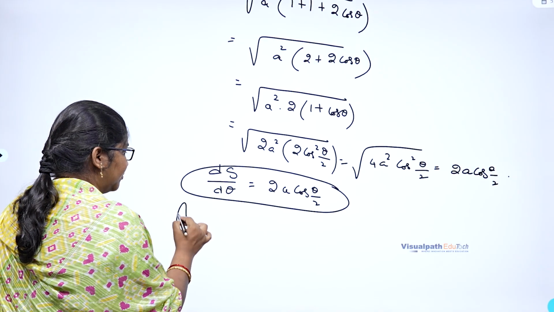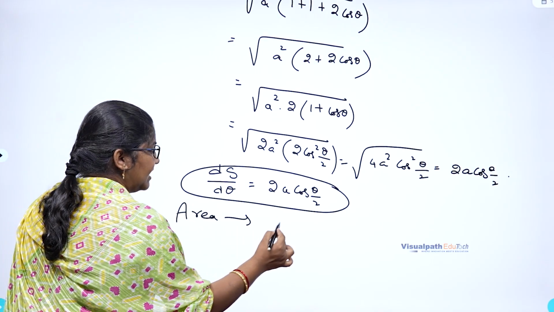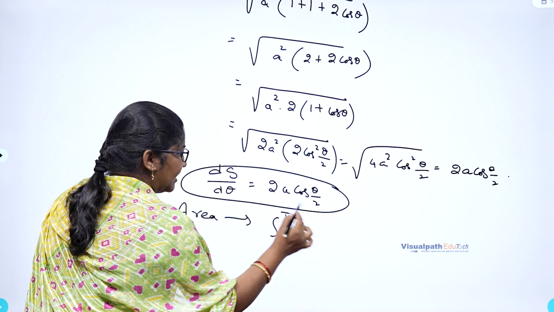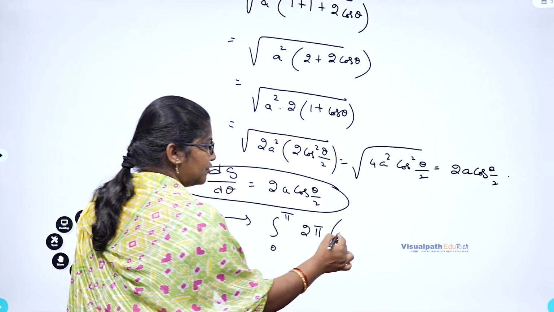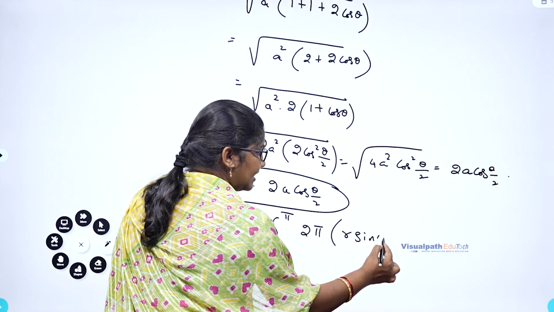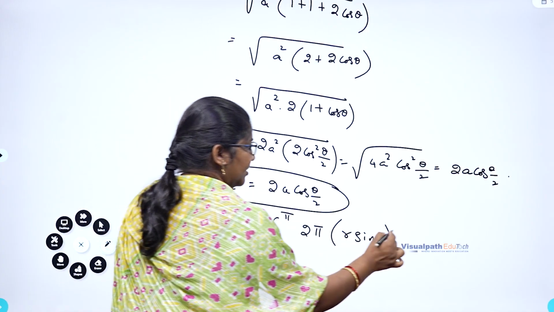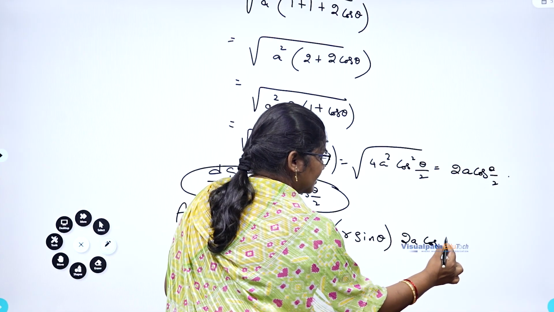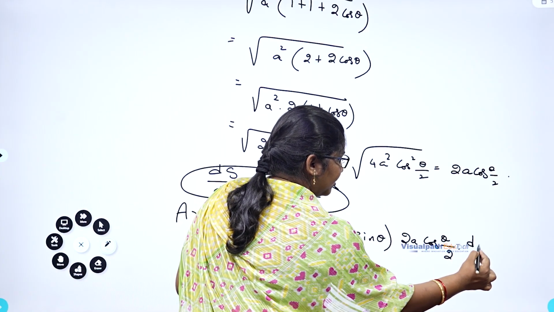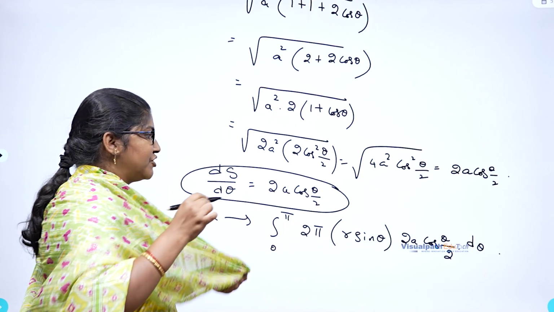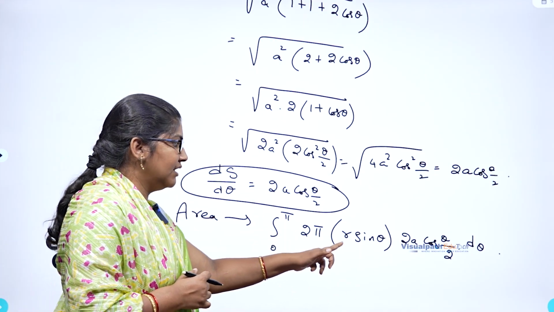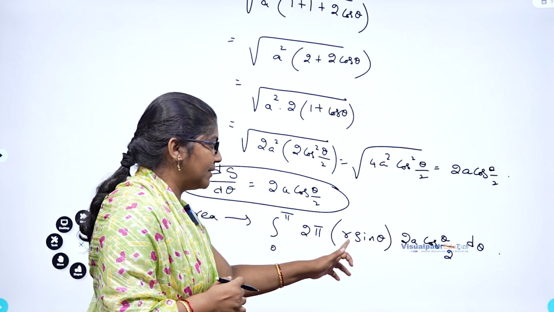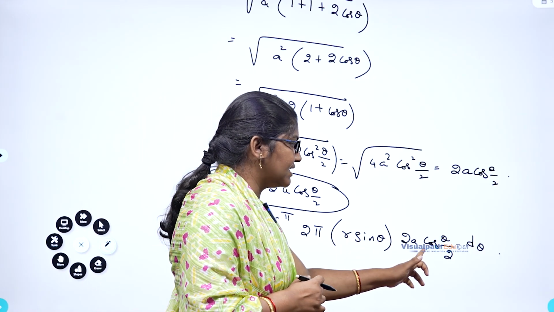What we have to do is find the area, from 0 to pi, 2 pi, y, which we have assumed as r sin theta, into 2a cos theta by 2 into d theta. Substituting all in the formula 2 pi y ds by d theta.